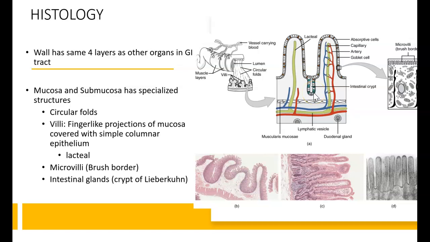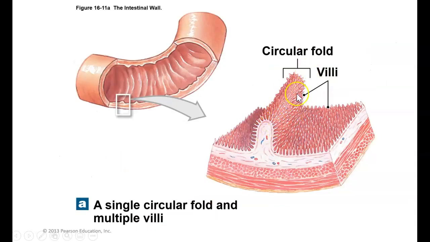Now, unlike gastric juices, intestinal juices are slightly basic, so alkaline, and they're a mixture of water and mucus. They are going to be secreted whenever the small intestines start to get distended or stretched out. So again, you can see the circular folds, the villi, and then the microvilli would actually be projecting off of each of those villi.